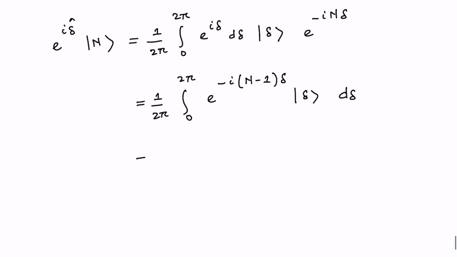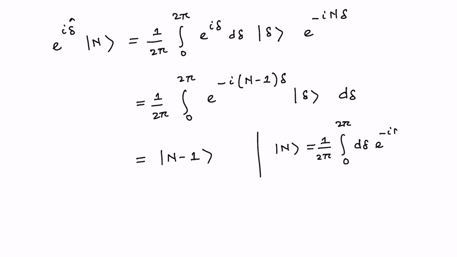This means I can write this whole quantity as ket n minus 1, because this ket n we can now write as, it is given in the problem, 1 by 2 pi 0 to 2 pi d delta e to the power minus i n delta ket delta.